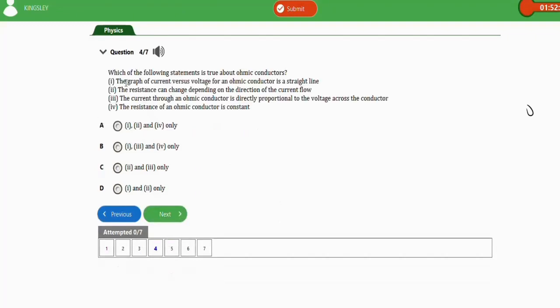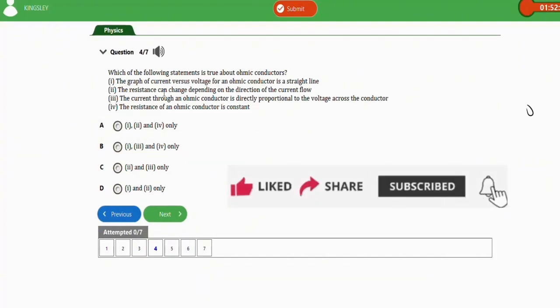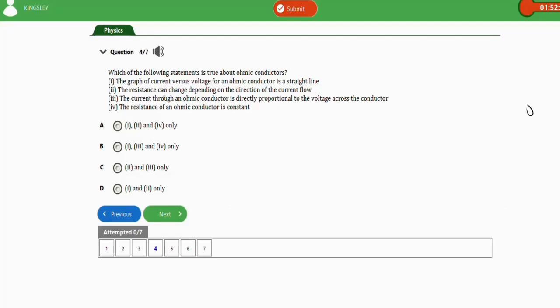That's for this question. Let's go to the next one, which is this one. It says, which of the following statements is true about ohmic conductors? I, the graph of current versus voltage for an ohmic conductor is a straight line. II, the resistance can change depending on the direction of the current flow. III, the current through an ohmic conductor is directly proportional to the voltage across the conductor.